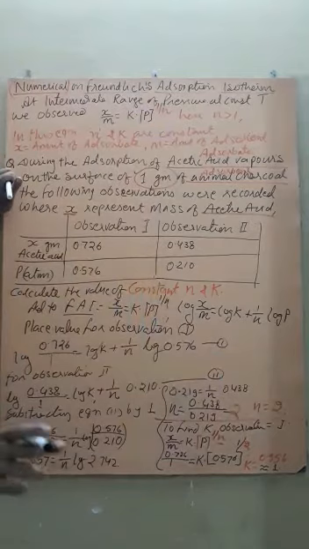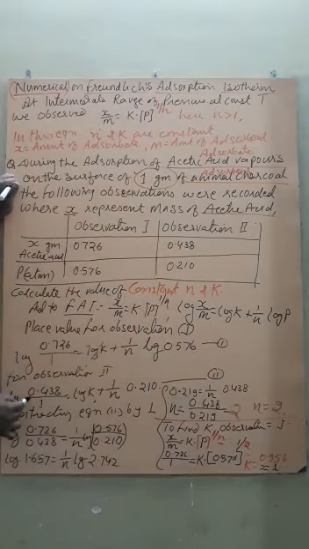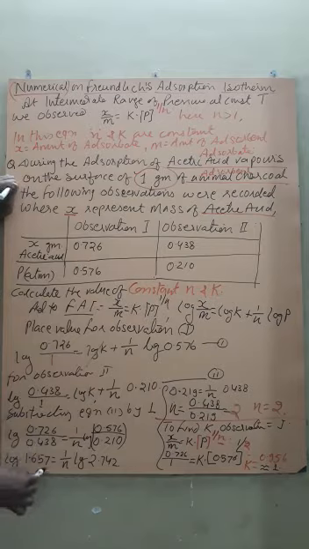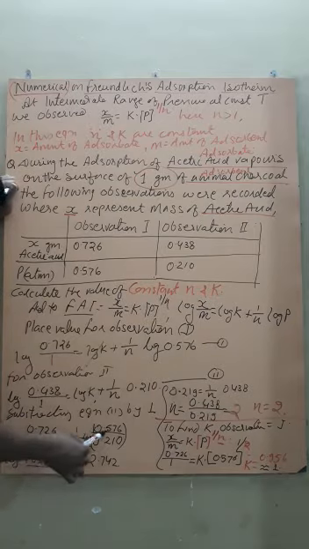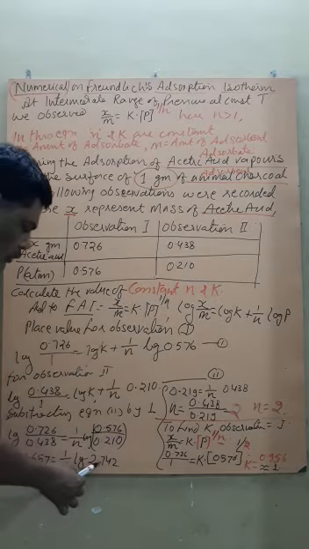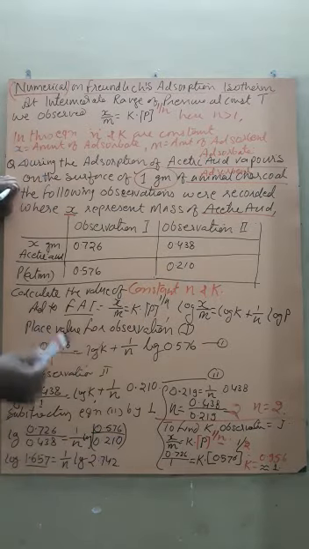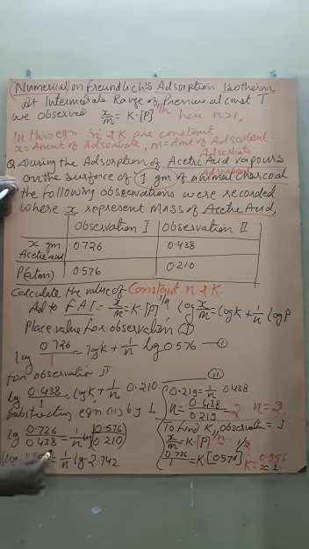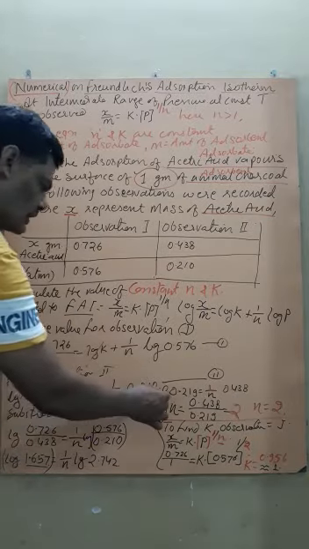Student, here is some difficulty in the form of log. When we are solving log 0.726 upon 0.438, very first divide it. After dividing, you will get this result 1.657, and dividing 0.576 upon 0.210, it will be 2.742. Now you have to take the log of 1.657 using the log table. Before the decimal there is one value, so 1 minus 1 is equal to 0, therefore it is 0.